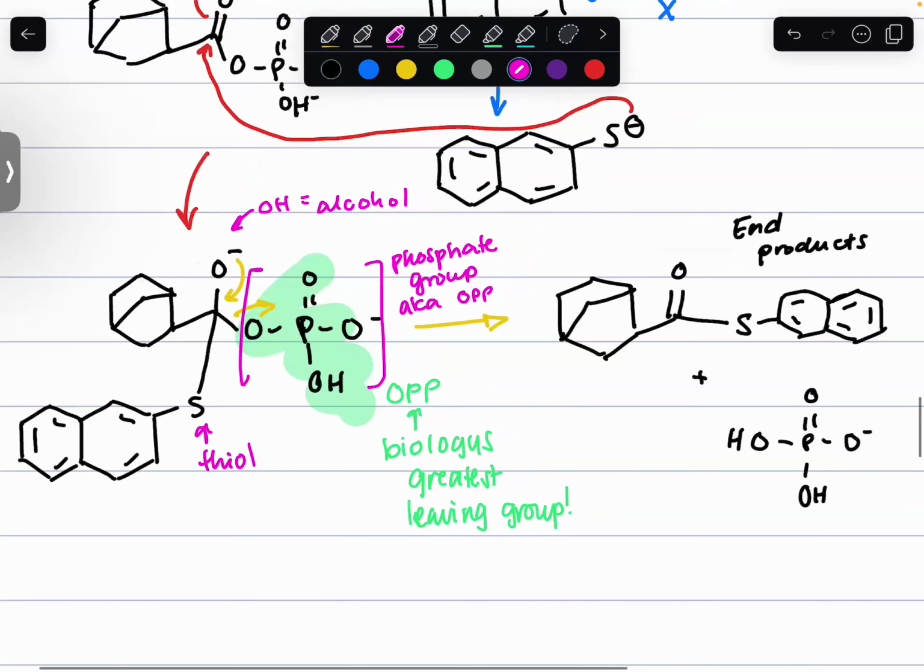This one here is a thioester. Those are all the ones on this molecule you would need to know.